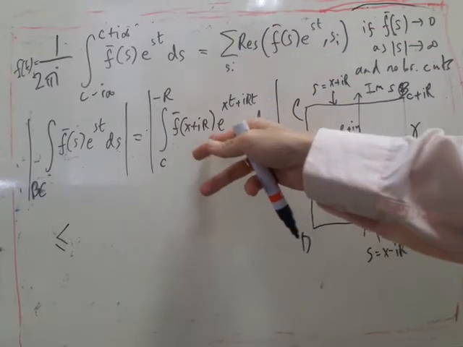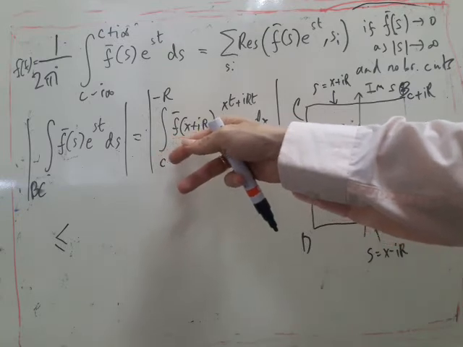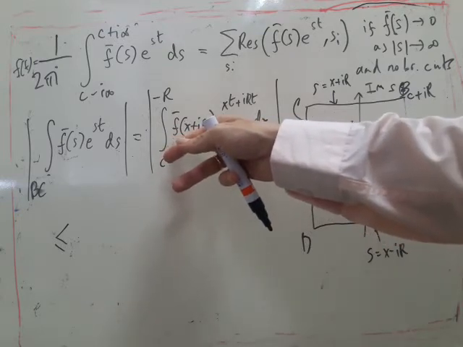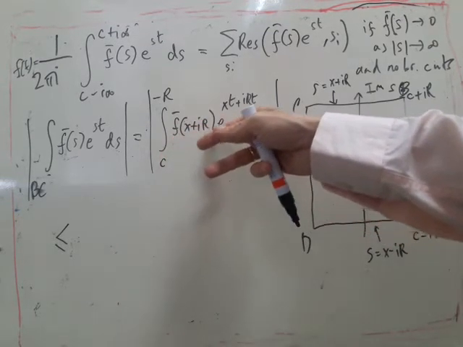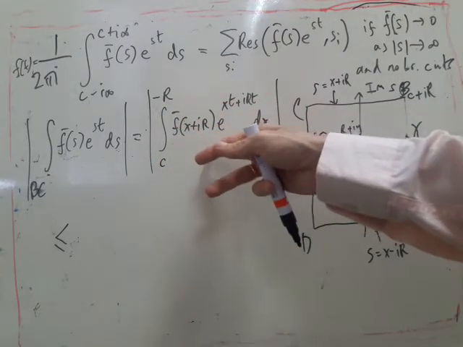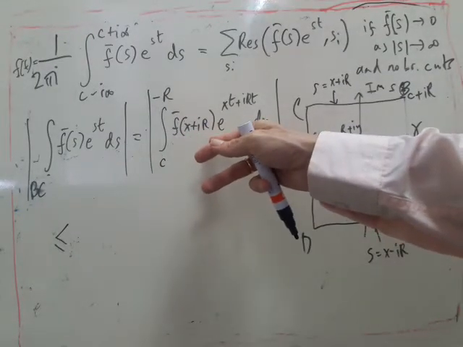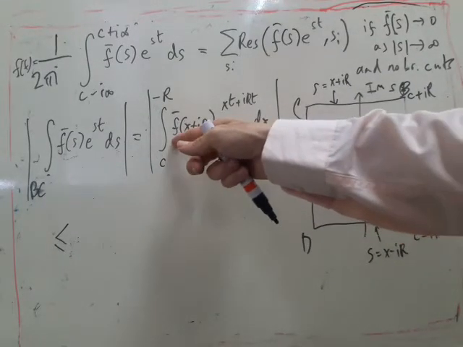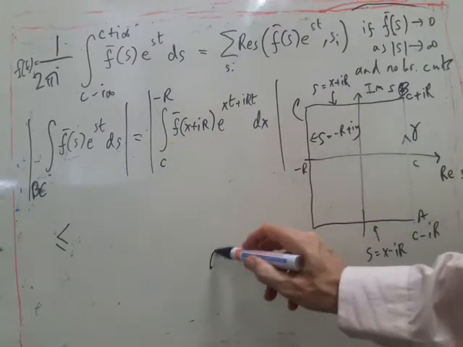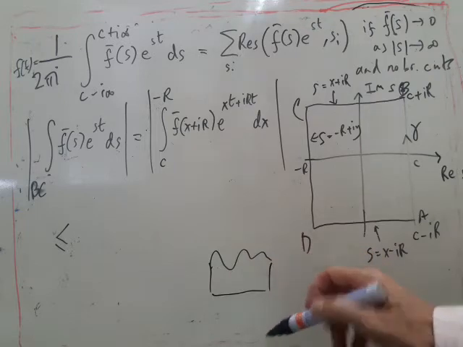So I now look at this term here and say, what's the worst that can happen? The worst that can happen is that this integral is less than the integral of the maximum value of this thing. Basically f bar could do something like this, and I'm integrating over it.